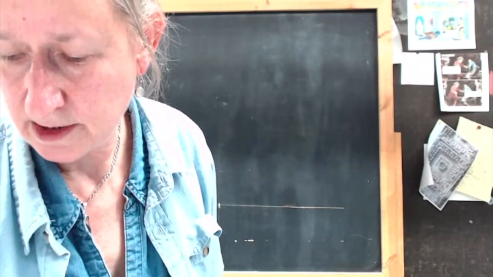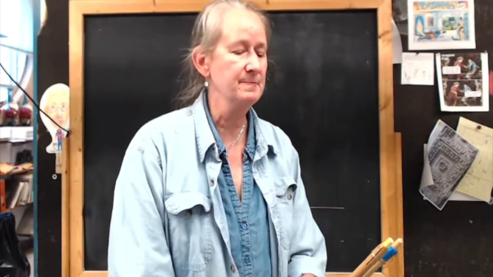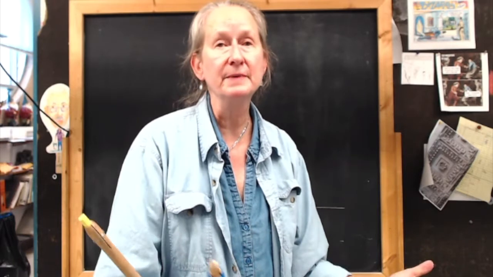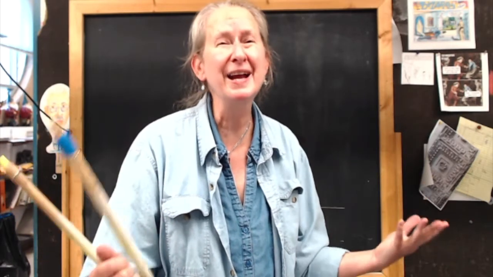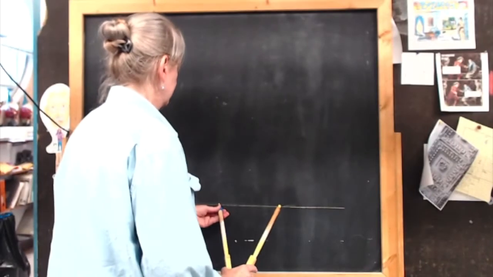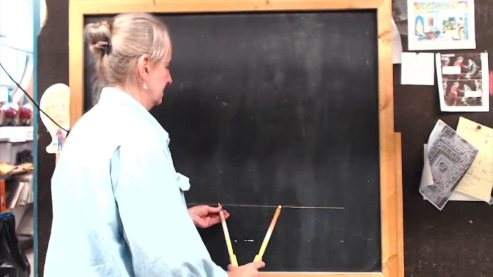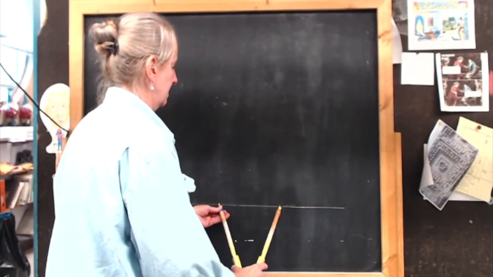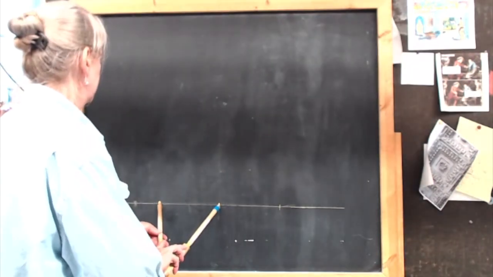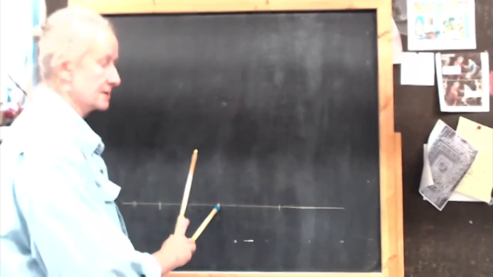So what I'm going to do, and we're going to be working with this bad boy a lot, right? I don't even have to measure. I don't have to measure anything, right? I just open the compass up a little ways, and I put my compass point on the point that I want to find a perpendicular line to, right? Like so.